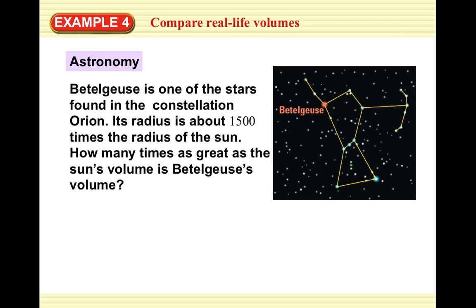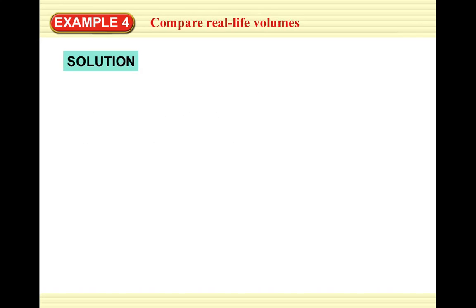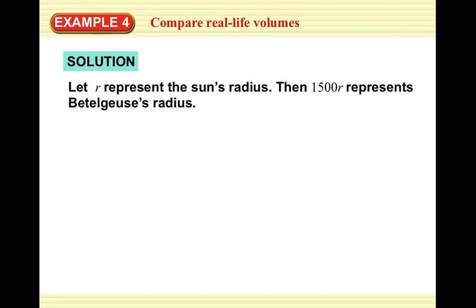So again, we're recognizing that stars generally follow spherical patterns, like a ball. So, algebraically, we're going to let r represent the sun's radius, and so that then 1,500r represents Betelgeuse's radius, because it's 1,500 times the size of the radius.